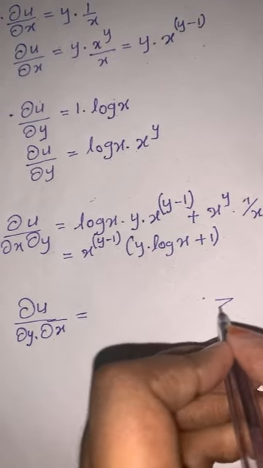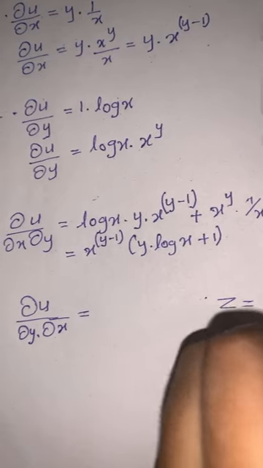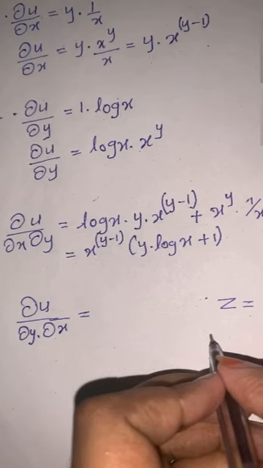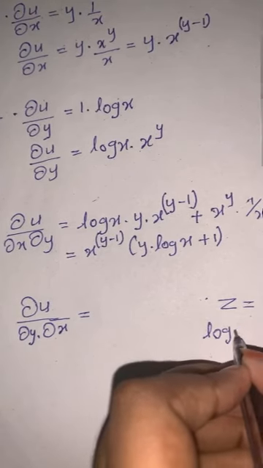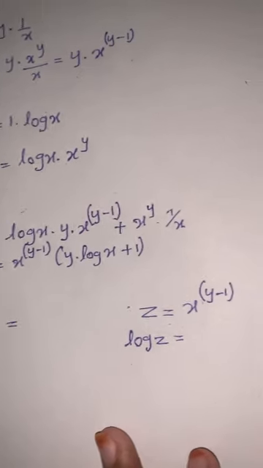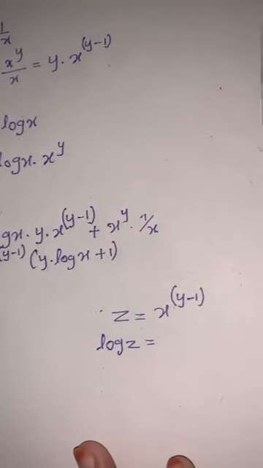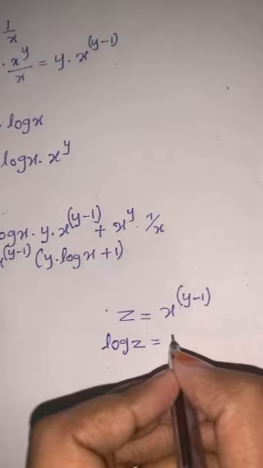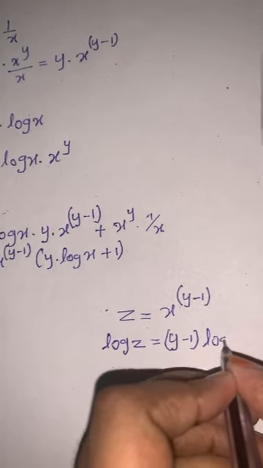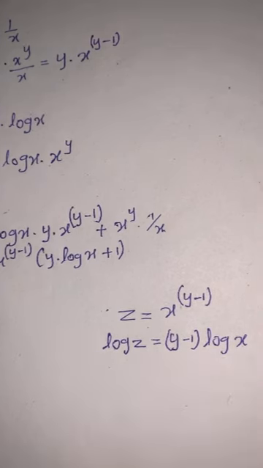We will take z is equal to x to the power y minus 1. So here we can write this as log z is equal to y minus 1 into log x.